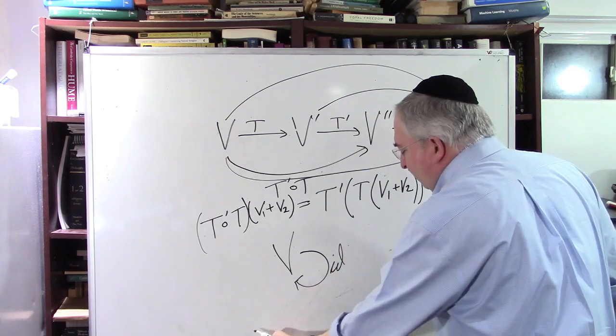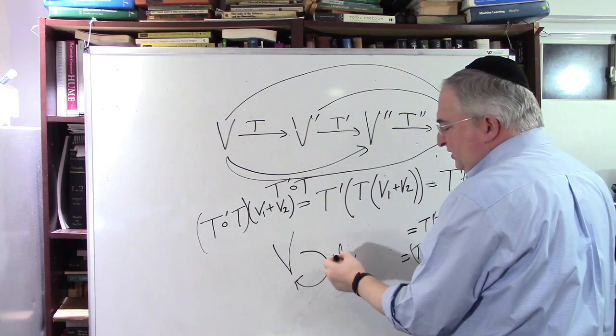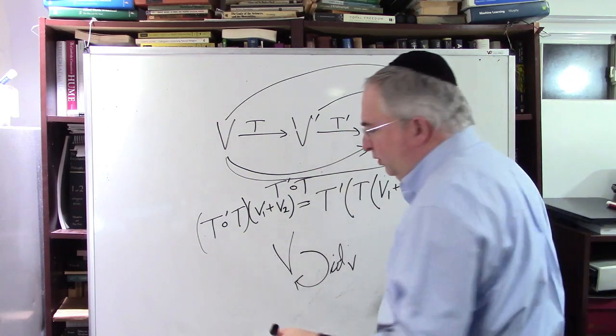Okay? And composition respects this identity. In other words, you have that unit rule. So let's just do it.